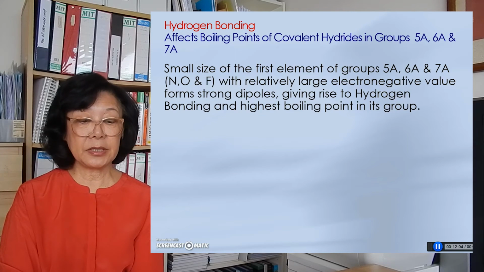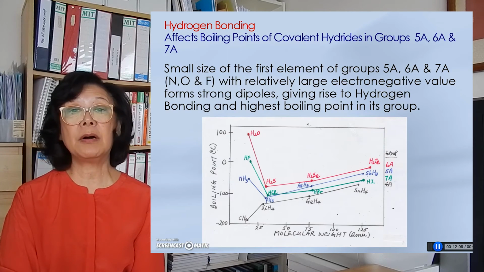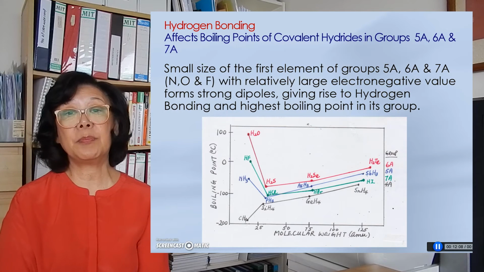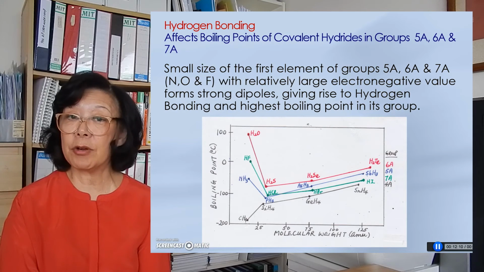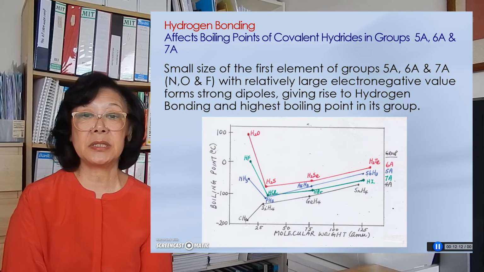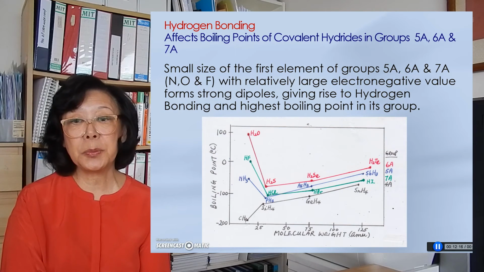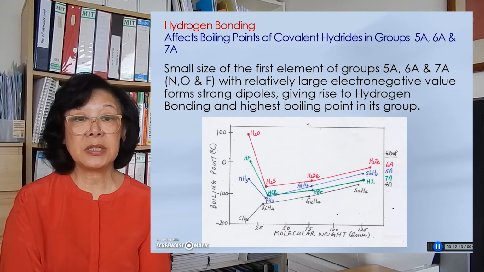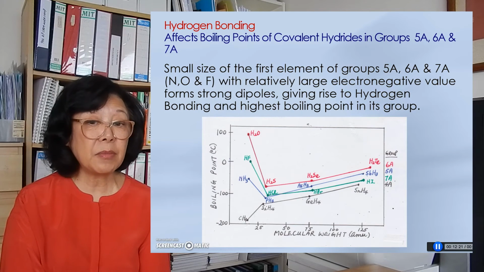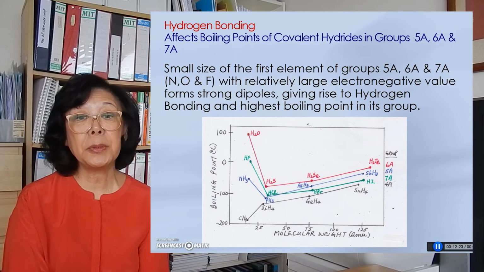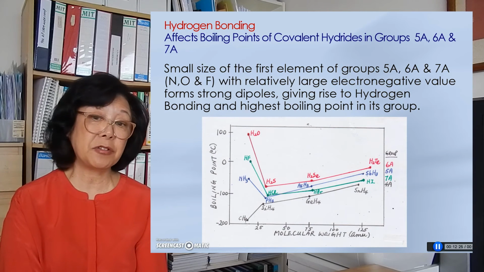Now let's look at this diagram and see how hydrogen bonding can affect the boiling point of covalent hydrides in groups 5A, 6A and 7A. The red line represents group 6A, and you can see water stands out like a sore thumb. Although it is the smallest molecule in that group, it has hydrogen bonding, whereas the others don't.